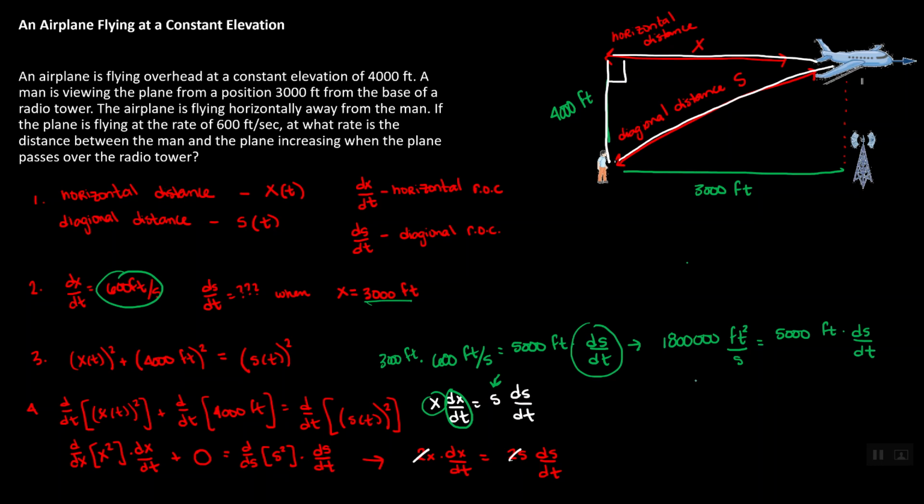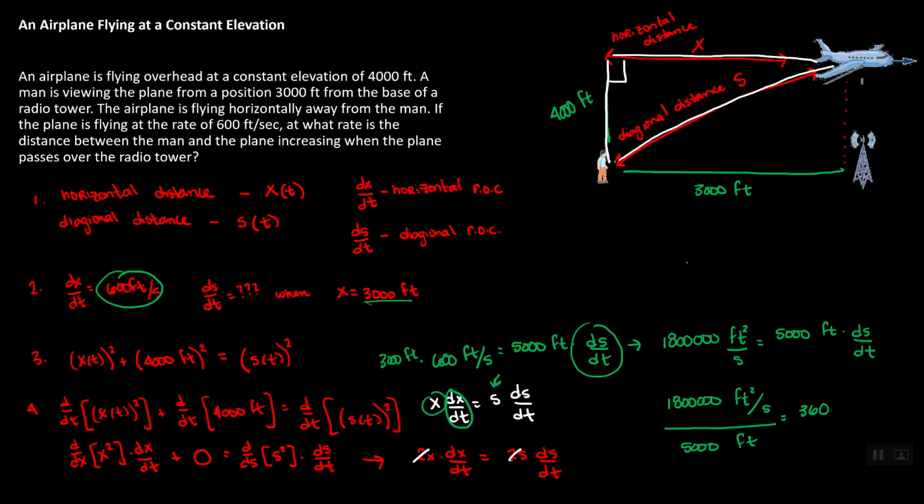To solve this, we need to divide by 5,000 on both sides. The units for that 5,000 were feet, so I'm really going to divide by 5,000 feet, which simplifies to be 360.